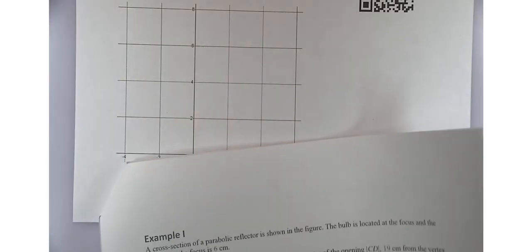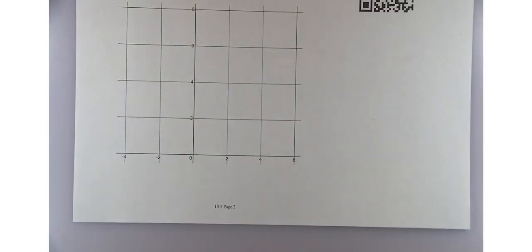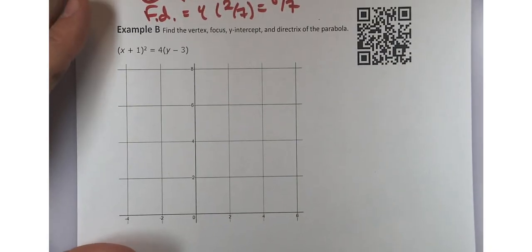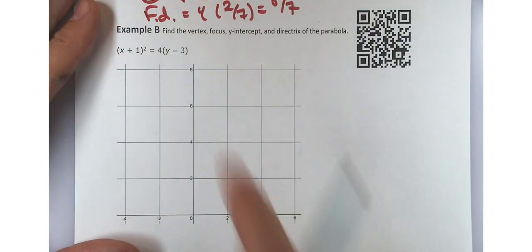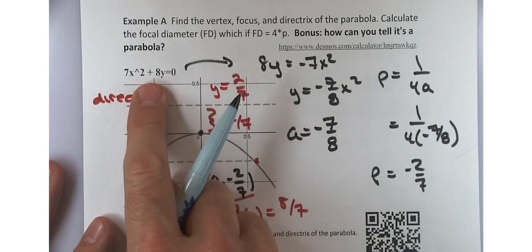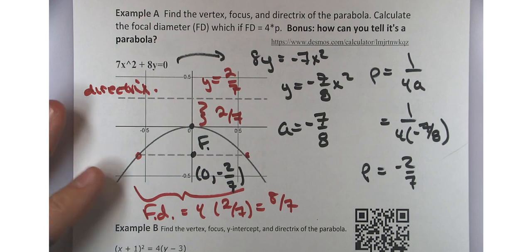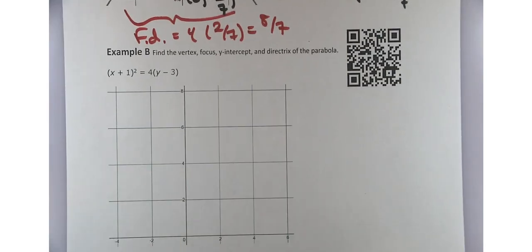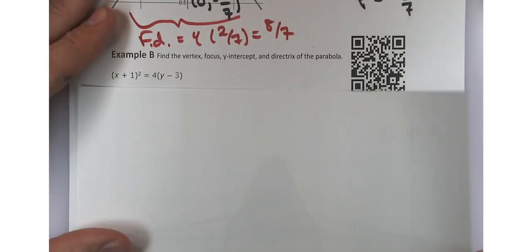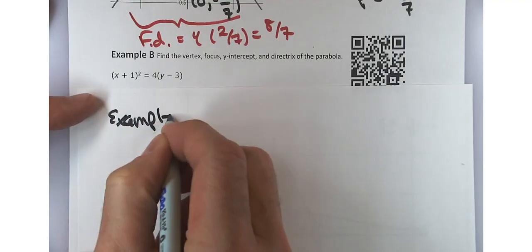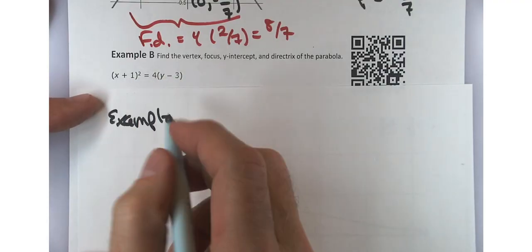Let's go back to here. And let's start with a basic question. Where's the vertex of this going to be? It's no longer like our first one at 0, 0. It's been shifted. So my suggestion to you would be to look at that equation and figure out what value is going to make these terms equal to 0.